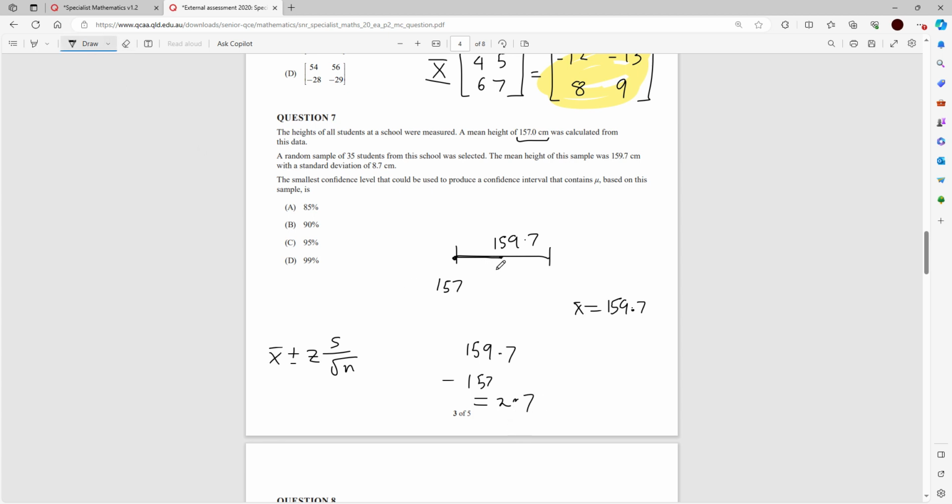So you want that length to be about 2.7 to have the smallest confidence interval. So if that length is 2.7, we can work out what your z-score can be, because your confidence interval is based off a z-score.